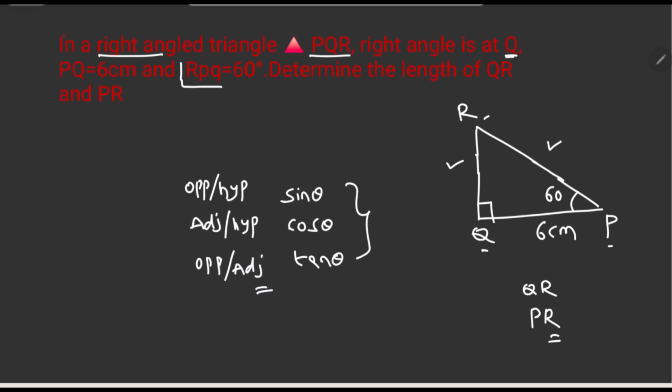So in sin theta we are having hypotenuse, in cos theta also we are having hypotenuse, but tan theta doesn't have any hypotenuse. Now whenever we have to deal with the hypotenuse, then we can take either sin theta or cos theta.